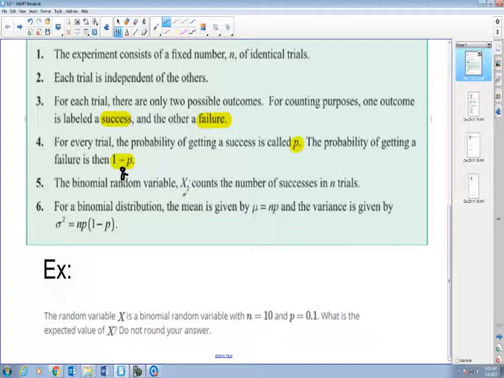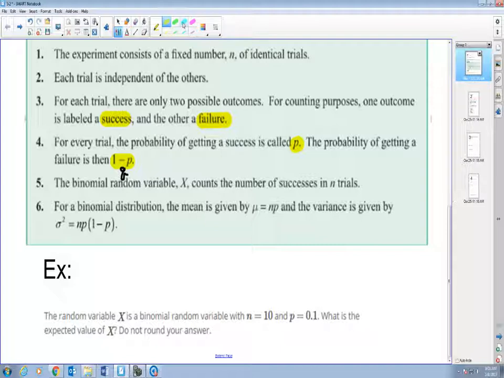The letter X is the random variable representing the number of successes.